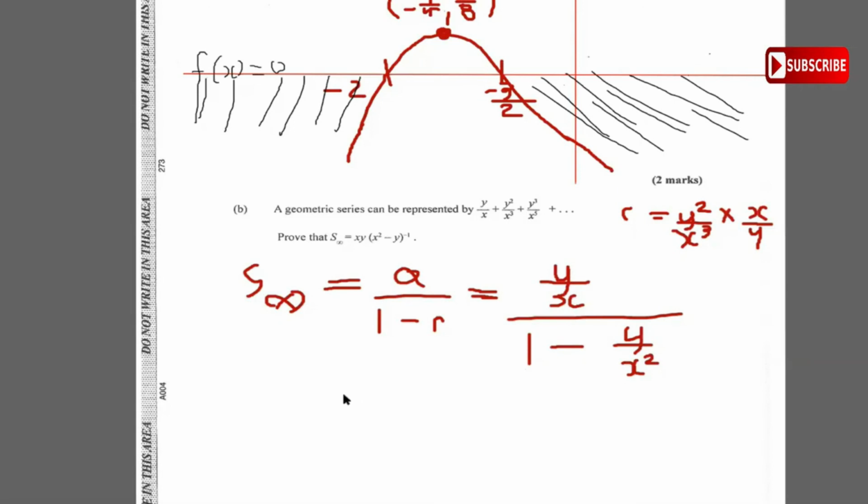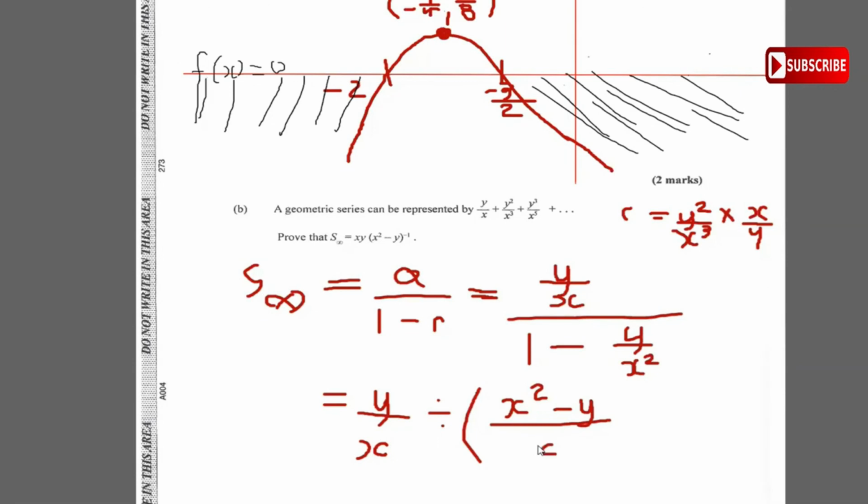Okay, so let's simplify it. Instead of writing 1 minus y over x squared, we can rewrite this as y over x divided by, and 1 can be written as x squared over x squared, so all of this can be written as x squared minus y over x squared.